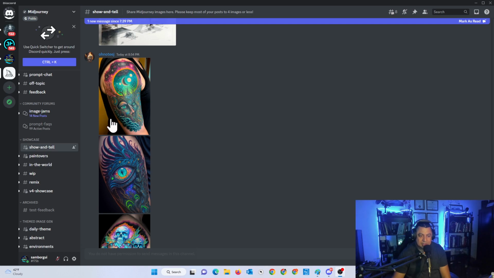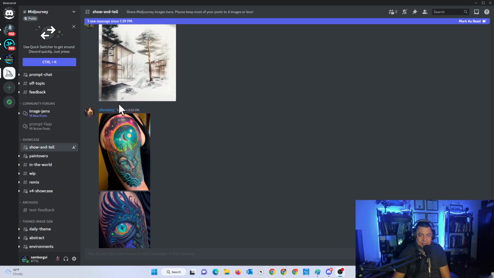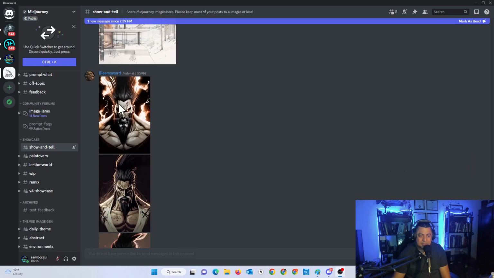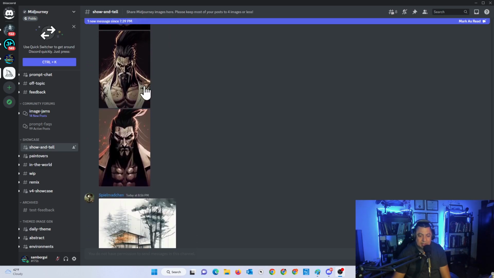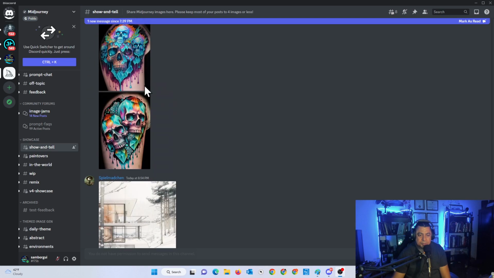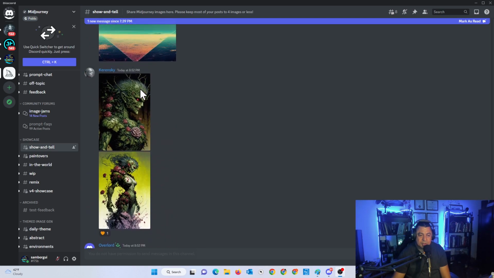So you give it a prompt, and the AI tool within Midjourney will basically generate something. The example is like this one, for example, and it generates images.